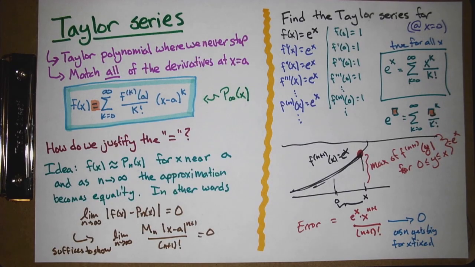Regardless of what x you plug in to the right-hand side, you get e to the x out. So we started by saying we just wanted a good approximation at 0. And by matching the derivatives all the way to infinity, not only did we get a good approximation at 0, we got a good approximation everywhere. So there we go.